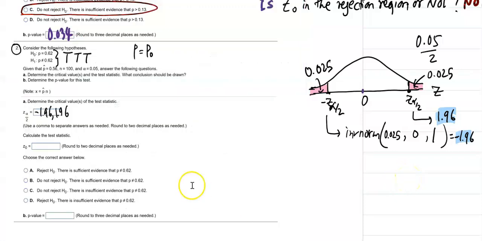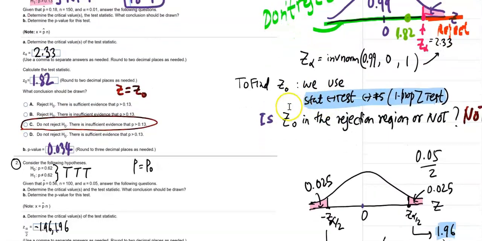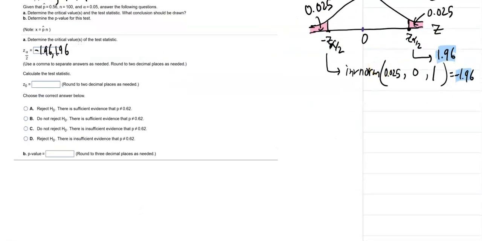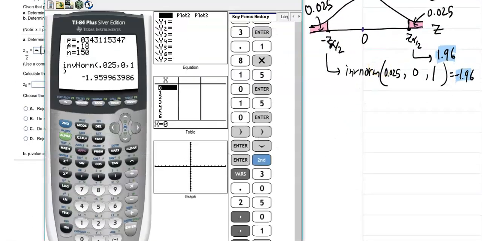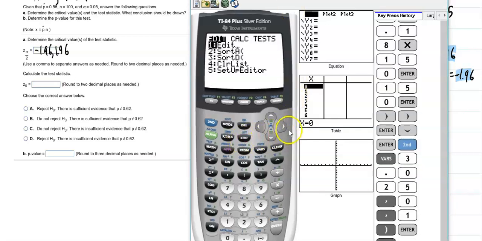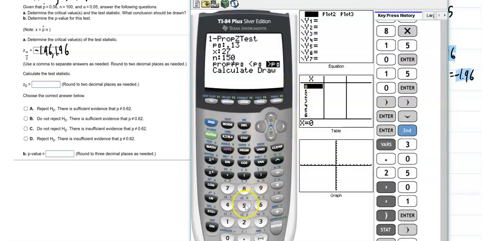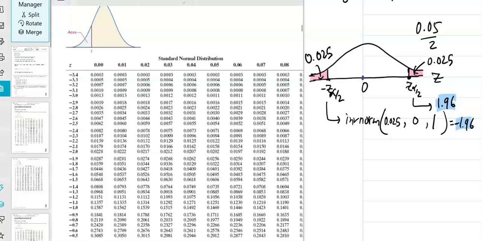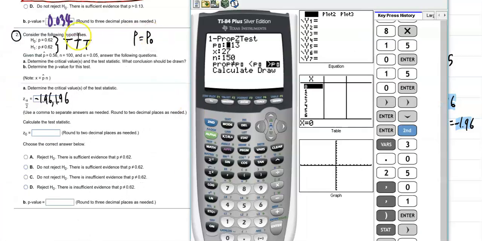So for the test statistic, we use a calculator like before. To find the test statistic, we use STAT, TESTS, number 5, like we did in the previous question. So you go to STAT TESTS number 5, and you put in the values.